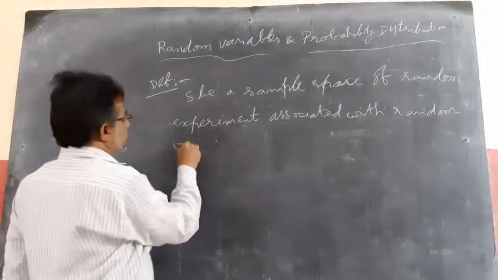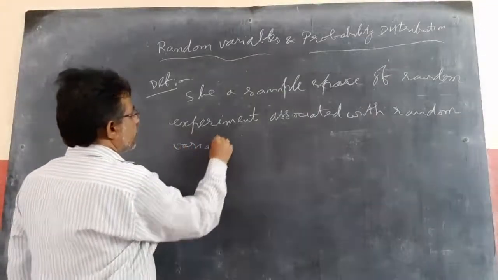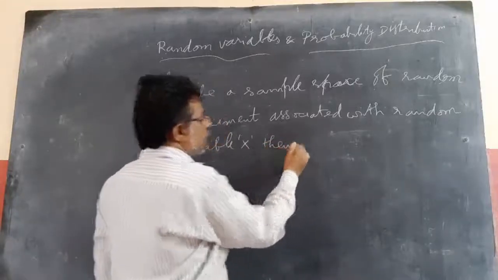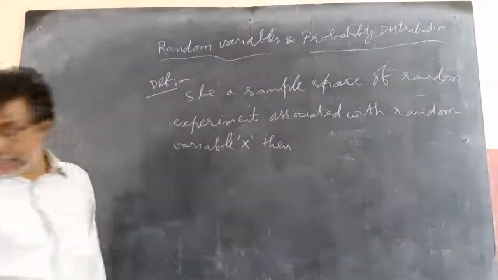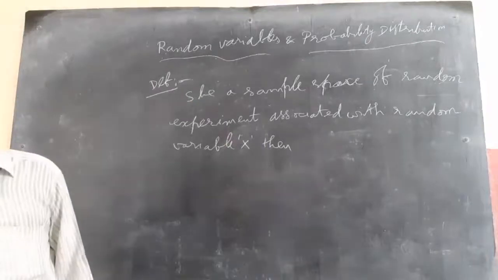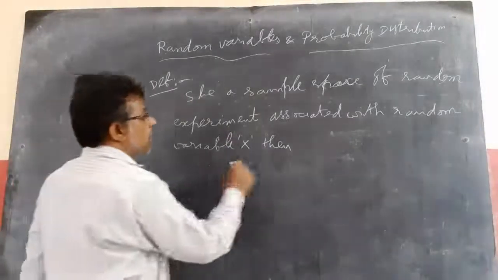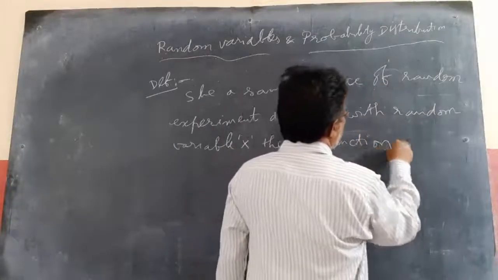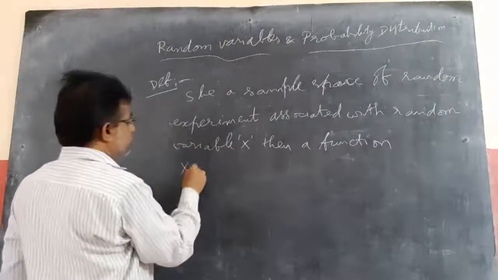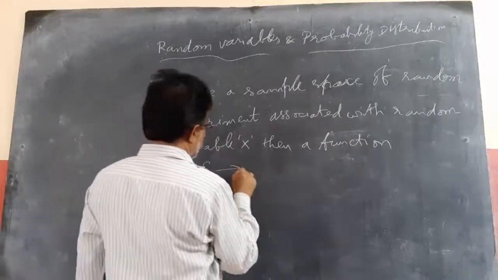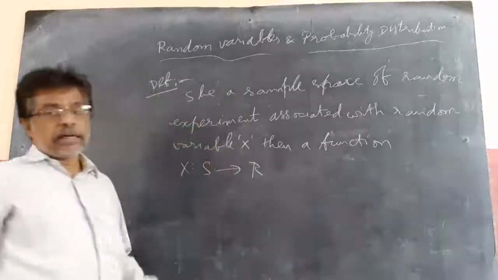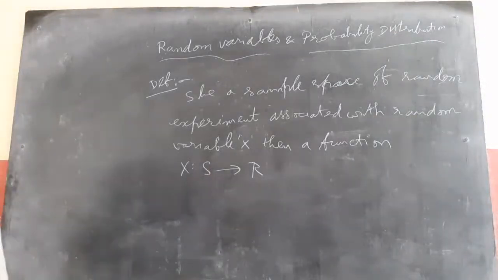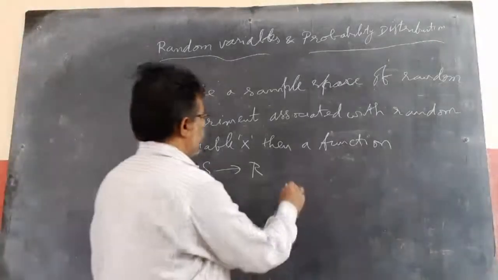Random variable X. Then X is a mapping, a function from S to R. Then a function X from S to R is called a random variable.